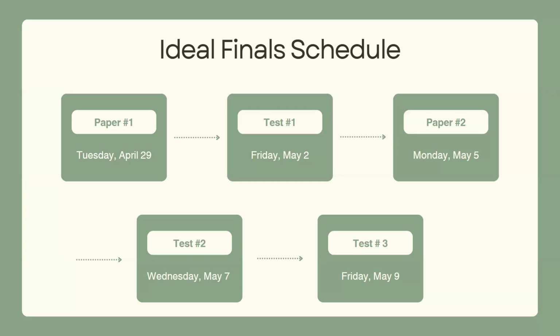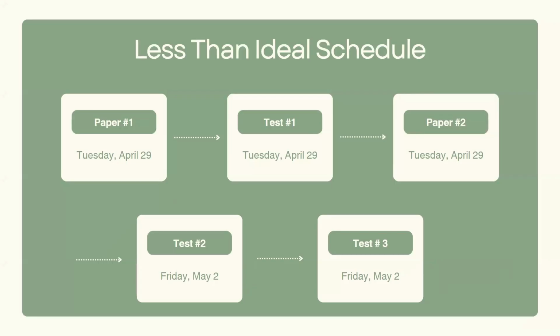And that's often how we approach planning, even when that's not how deadlines fall. So often, what a final schedule looks like is instead something like this, where the first paper, the first test, and the second paper might all be due on Tuesday, April 29th, which for this semester is still during classes, the last day of classes.